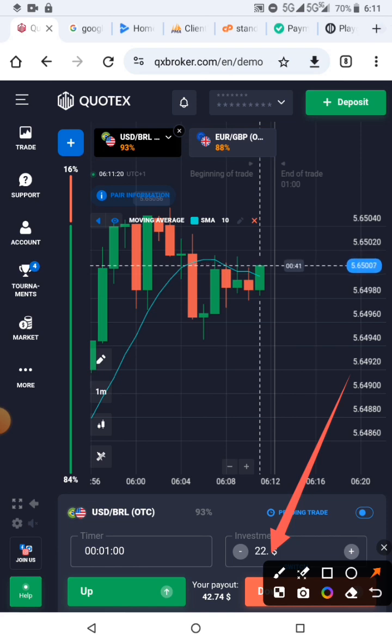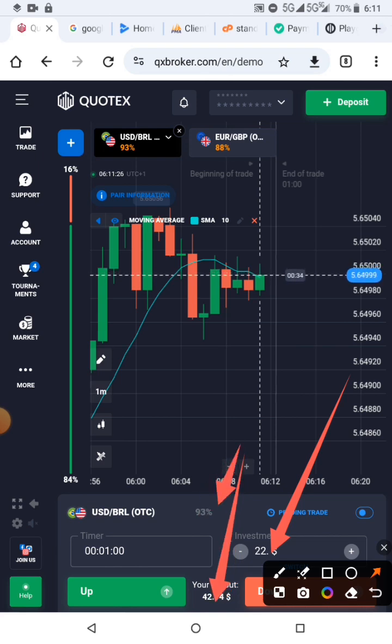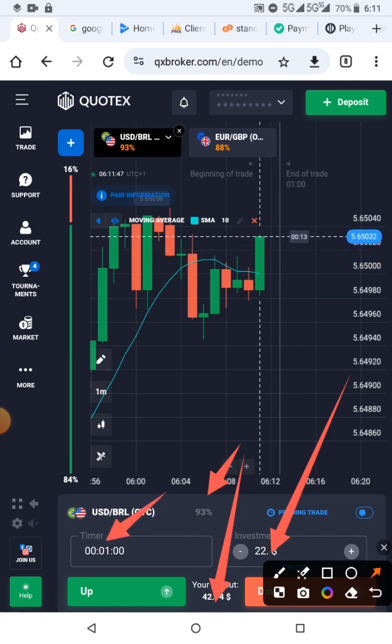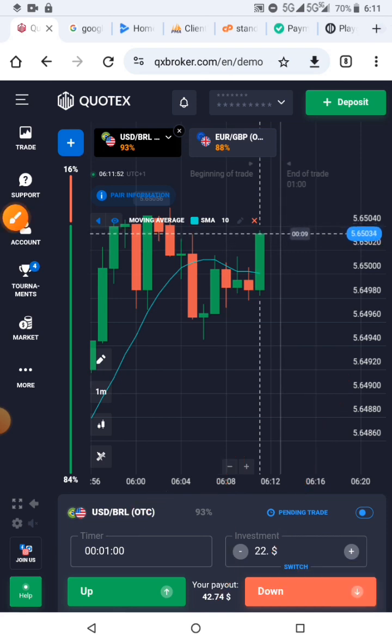Whatever amount you put there, it's going to show you your payout here, depending on the percentage you are trading on. Each currency pair has a different percentage per time. The percentage is showing you, at that very time, what is going to pay you out if your prediction is right within the limited time you are initiating the trade. So that's how that works.